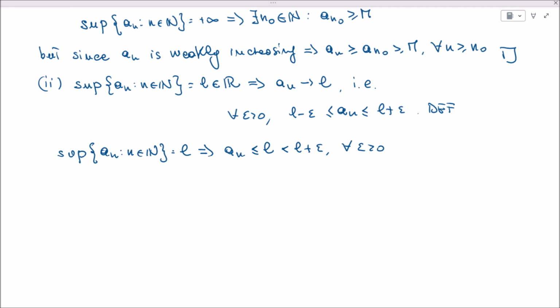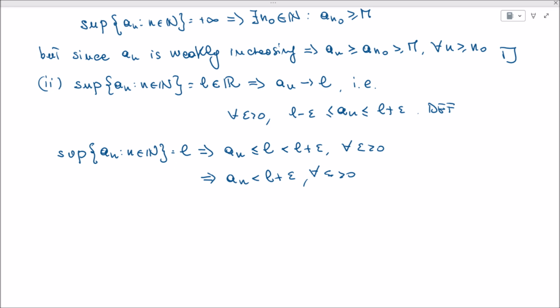So this is always true. So basically we can also say that an will be less than L plus epsilon for every epsilon larger than 0. This is just another way of saying the same thing.